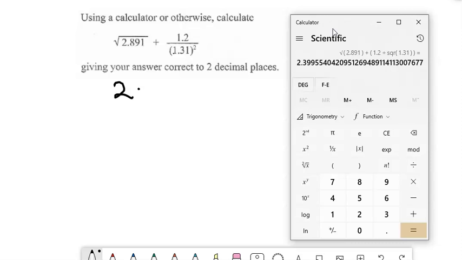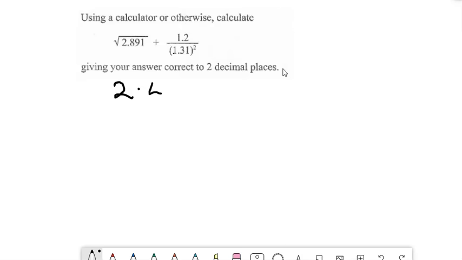Since we can't increase the 9 alone, we have to increase the 39 to get 40. And that is the answer to 2 decimal places. And that is simplification of decimal fractions.